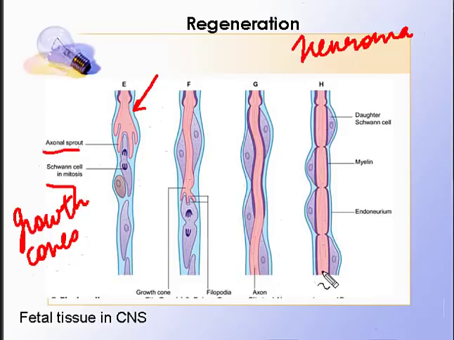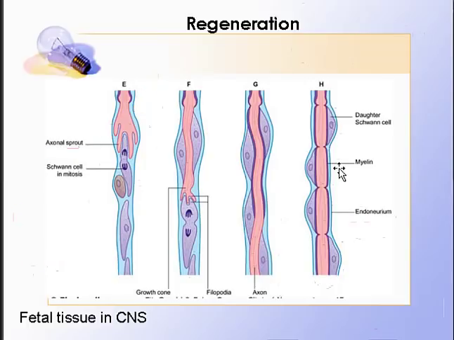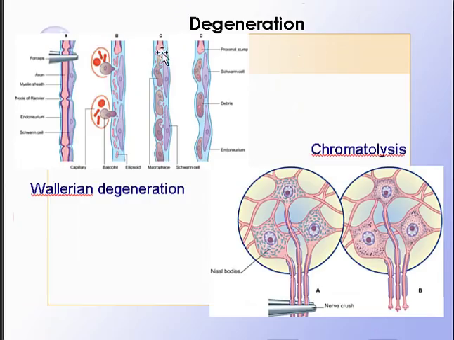Now, all of this will occur properly only if this main thing, which is this endoneurial tube, is intact, which is why in a crush injury, and if we go back to the previous slide, you can see this is like a crush injury up here.